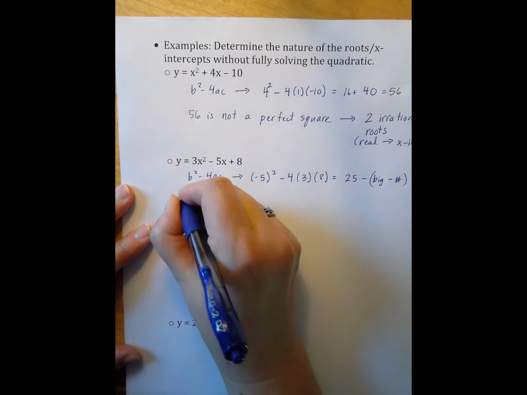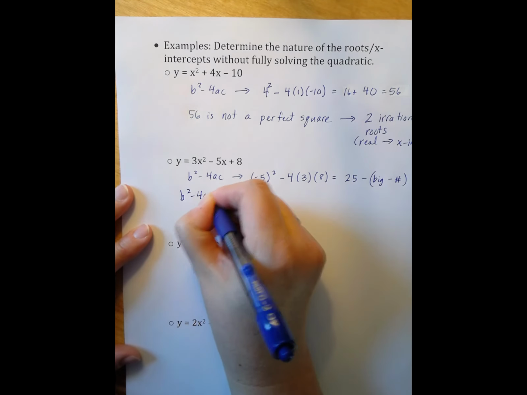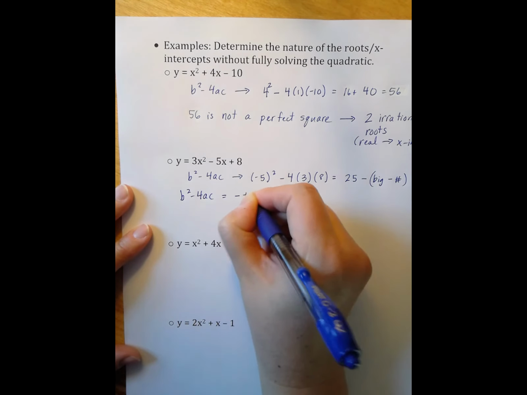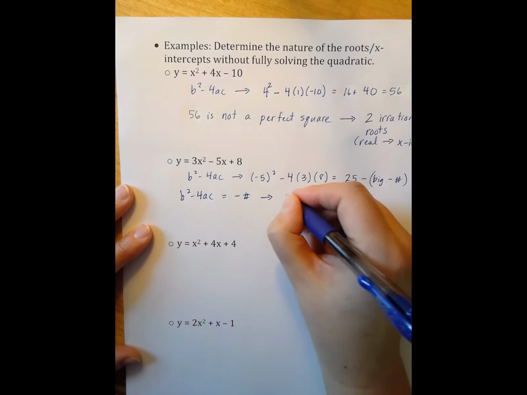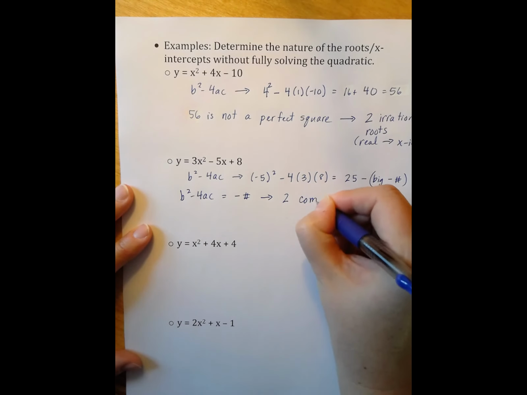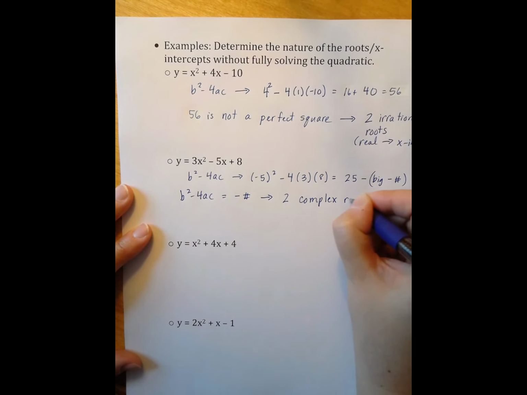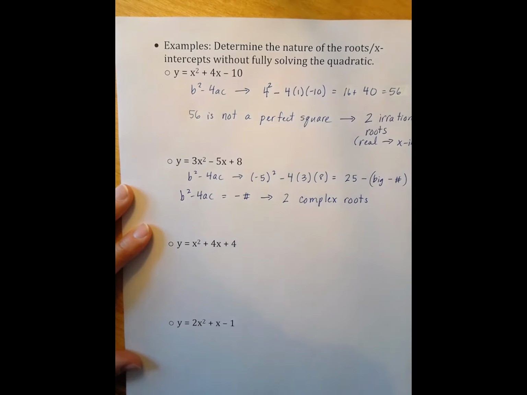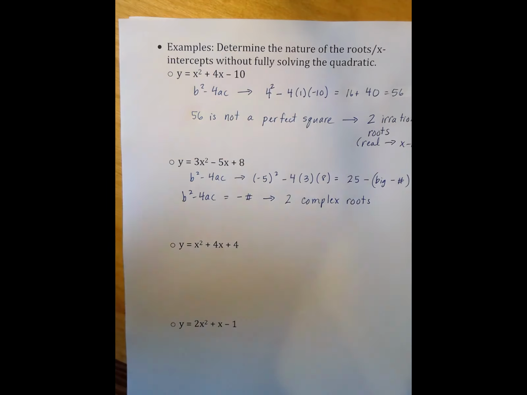So b squared minus 4ac equals a negative number. So we have two complex roots. Since these are complex, they're not intercepts. I couldn't say that these are two complex intercepts. I could only say that they're two complex roots.